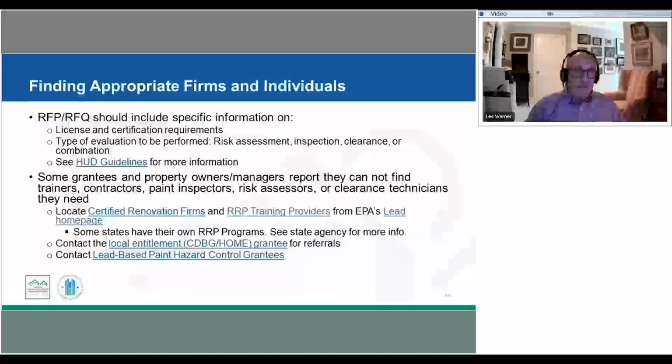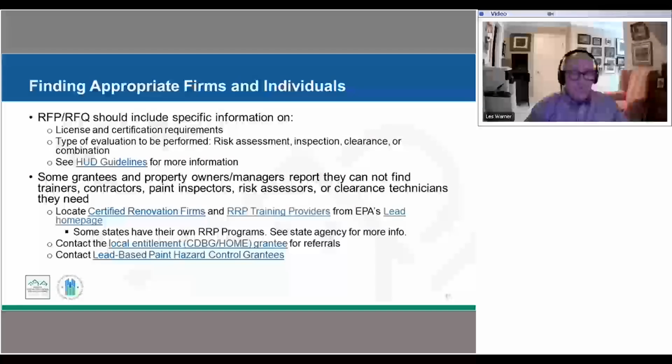So you might be saying, well, I have existing contractors that are willing to get the additional training, or I have staff that I want to go ahead and get the certification training for this. This would allow you to identify where that training is available to me in my area. So that's on the EPA's homepage.